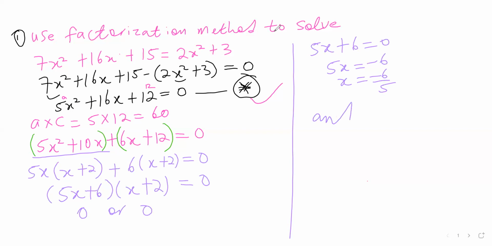We can also have x plus 2 equals 0, so x is equal to negative 2. So the solutions for the given quadratic equation are x equals negative 6 over 5 and x equals negative 2. This is how to solve a quadratic equation by the factorization method.